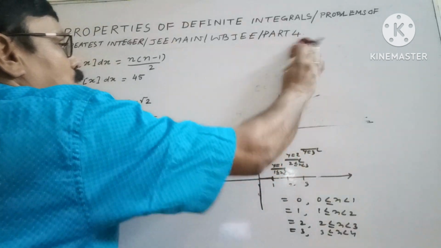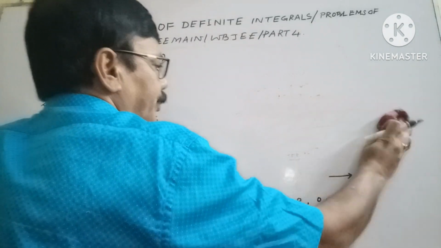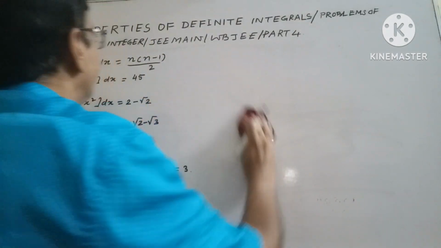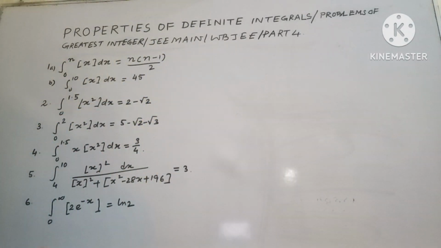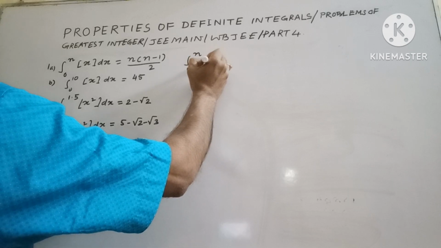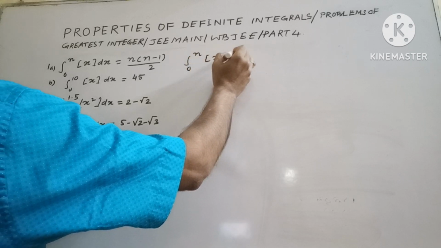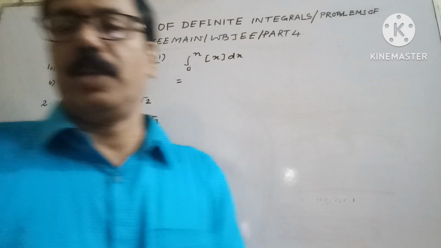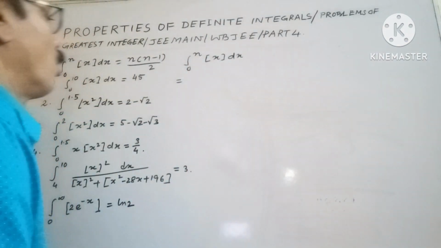Now we solve some problems of greatest integer functions. So, integral 0 to n, third bracket x dx. Look at the discontinuous points.